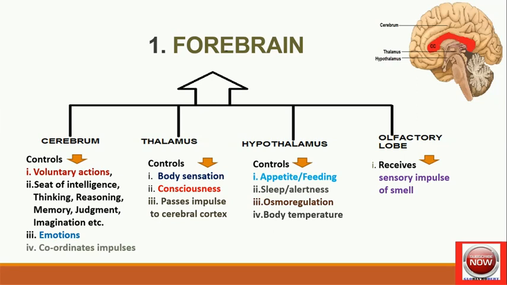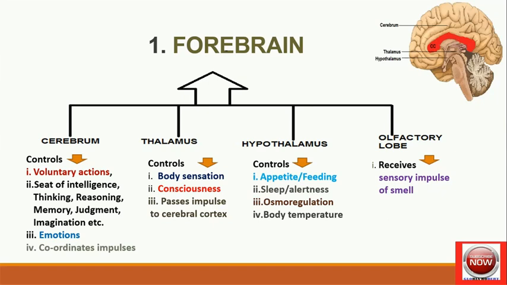The second part is the thalamus. The thalamus controls body sensation, consciousness, and awareness. It's also responsible for passing impulses to the cerebral cortex. The hypothalamus, as seen from the image, is below the thalamus. Its functions include controlling appetite or feeding, sleep or alertness, osmoregulation, and of course body temperature.